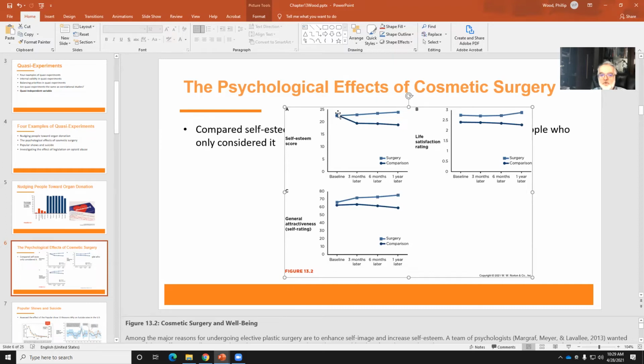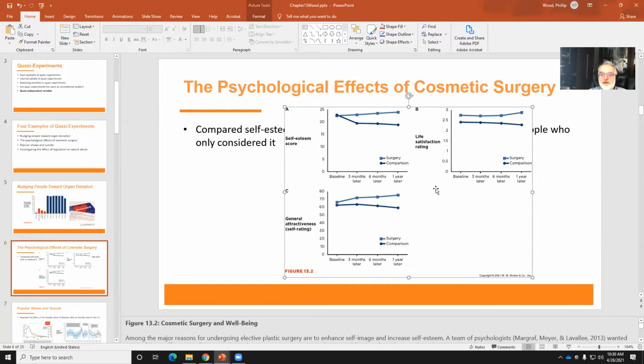Now, what's going on here with the comparison group going down in self-esteem when they were higher at the beginning? Well, as we inquire about that, maybe there's some differential regression to the mean effects going on. So what we have here hinges on, if this is a good quasi-experiment, have we designed it well?